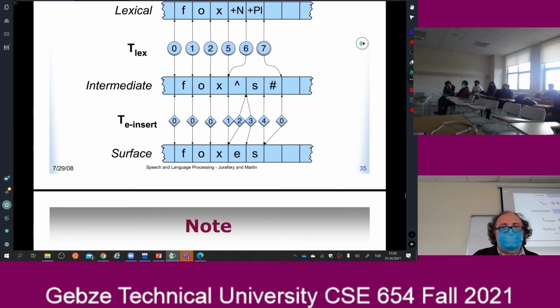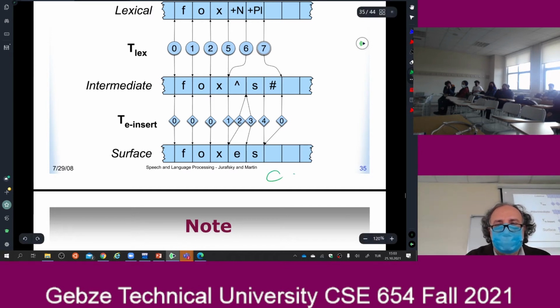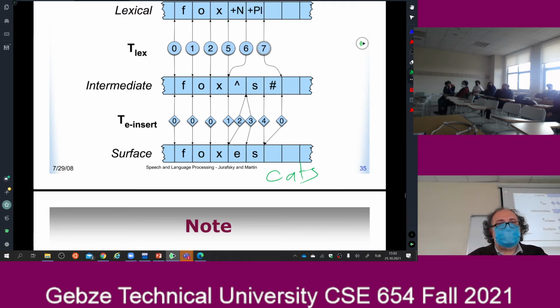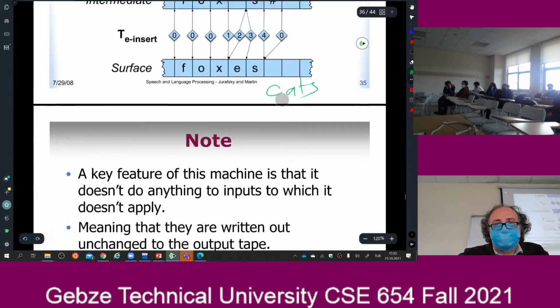Okay. So if my input is cats, this E insert doesn't work for cats. This one will reject cats, but the other one will work, and it will produce its output in there.